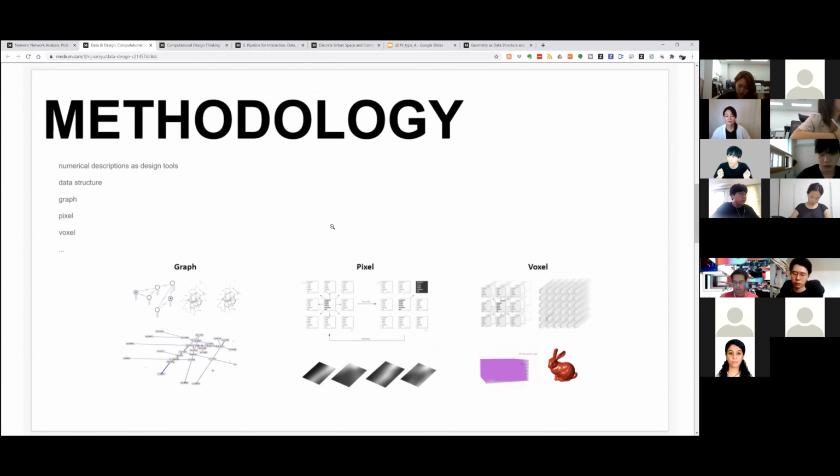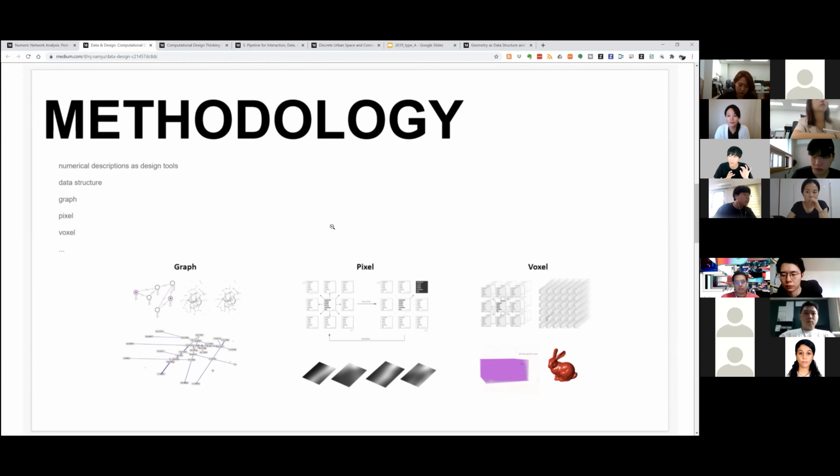So there are three main methodologies to deal with spatial data. The first is the graph, which is an important topic for our workshop. The second is the pixel, like a 2D matrix. The third one is the voxel. Voxel is nothing special, it just has an extra Z dimension from the pixel level, let's say a 3-dimensional matrix.